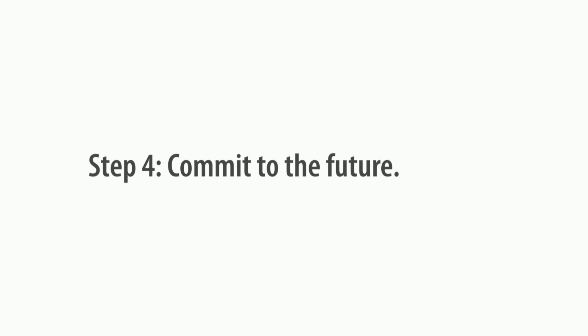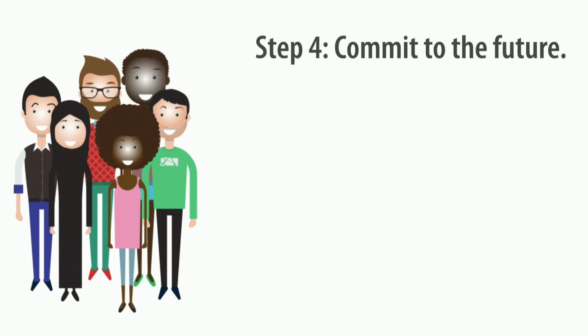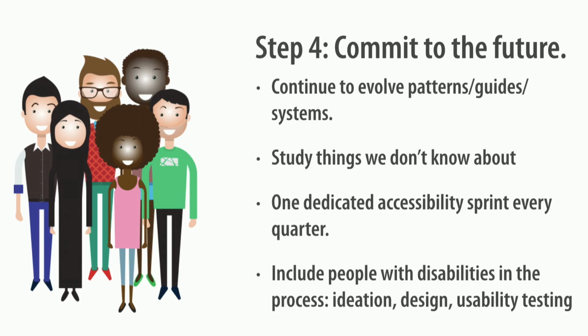We make a commitment to the future. This team, oh, that's pressure. This team made this commitment to the future, that they're going to continue to evolve their patterns and guides and systems. They said, we're going to study things that we don't know about.